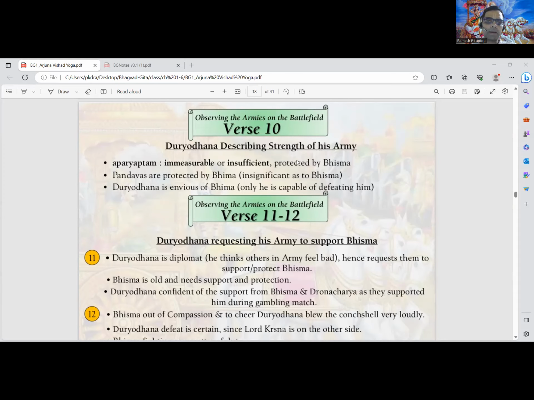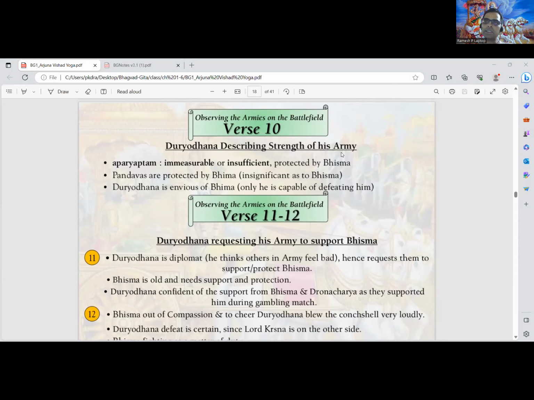So he does a comparison now, and he's happy, saying that his strength is more. Though he has fear, with the conch shell blown by Bhishma he gets some boosting. Once the conch shell is blown by Bhishma, it is followed by the other charioteers and all the army.